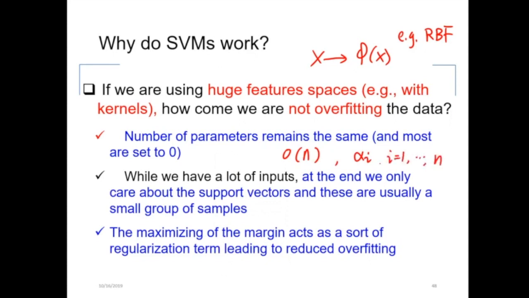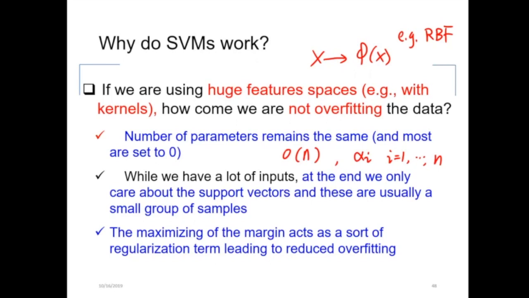It's not about the feature phi size at all. It's about alpha, the number of alphas here. So no matter how flexible that feature space really is, I'm having a fixed number of parameters.